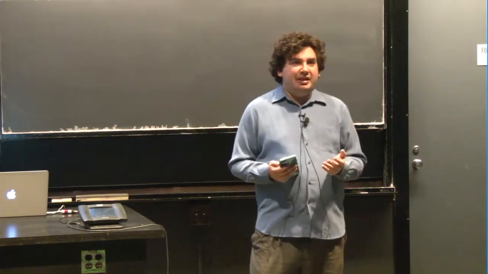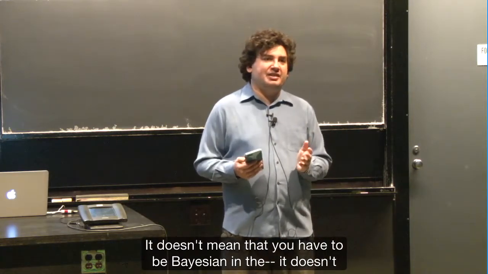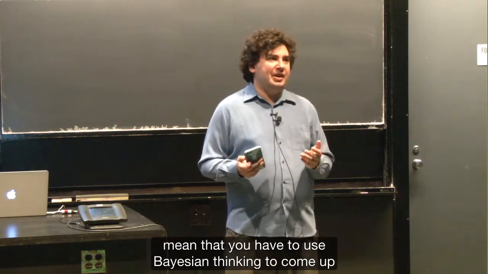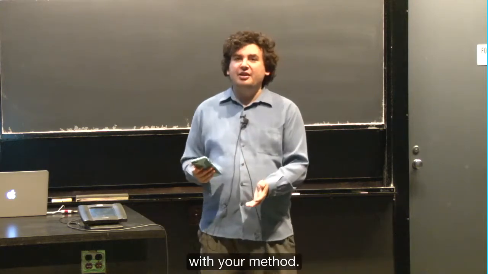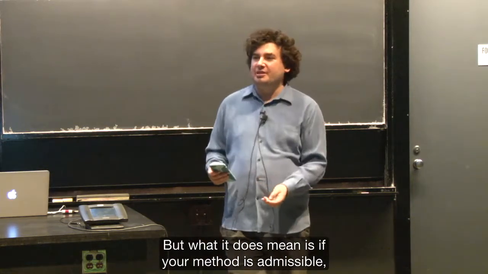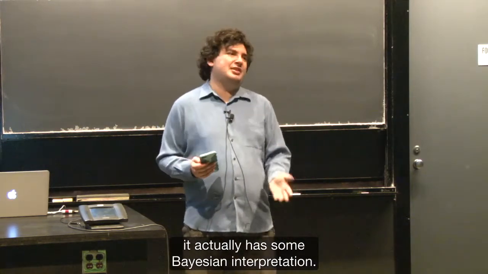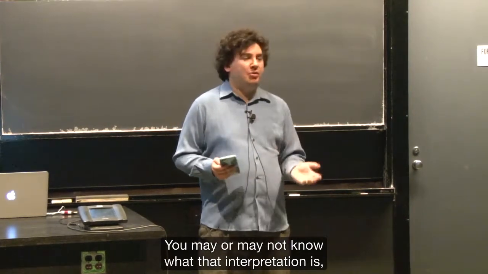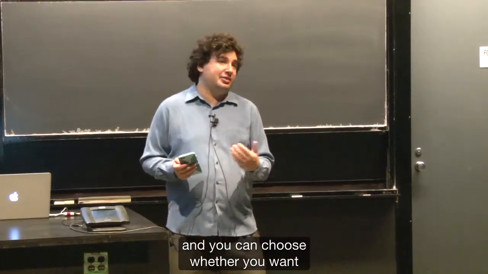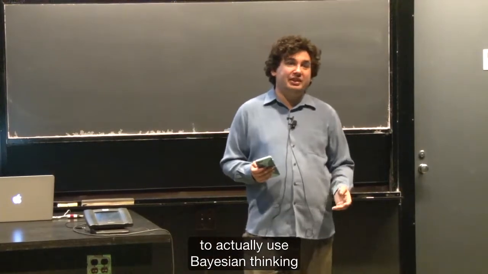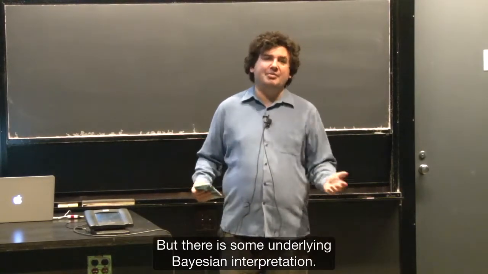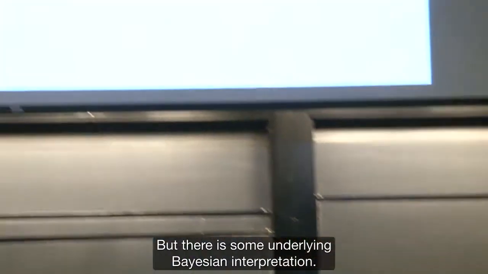It doesn't mean that you have to use Bayesian thinking to come up with your method, but what it does mean is if your method is admissible, it actually has some Bayesian interpretation. You may or may not know what that interpretation is, and you could choose whether you want to actually use Bayesian thinking to come up with your method. But there is some underlying Bayesian interpretation.